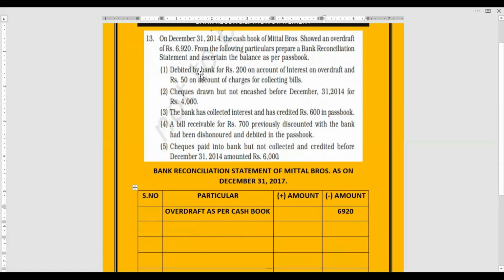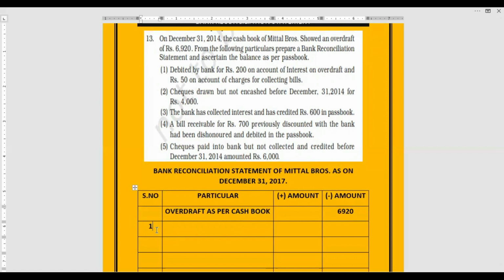Then, in order to ascertain the balance as per passbook, we have to adjust the cash book. That means we have to increase or decrease the cash book as per the increase or decrease that happened in the passbook by these 5 transactions.